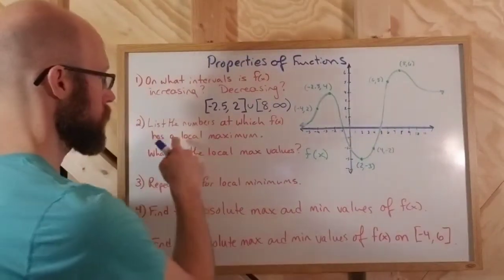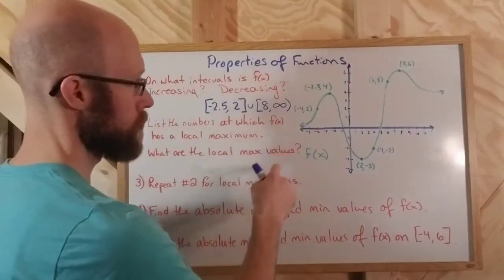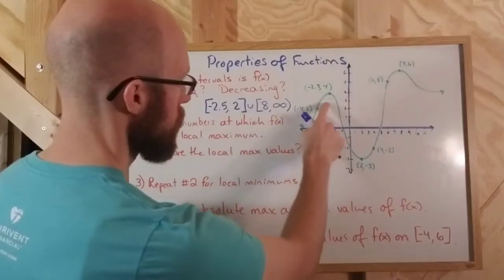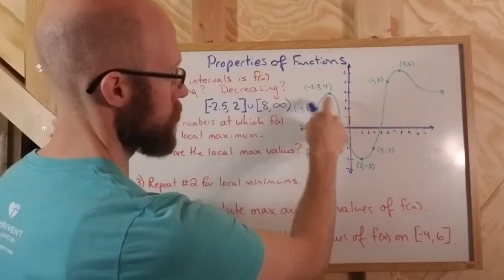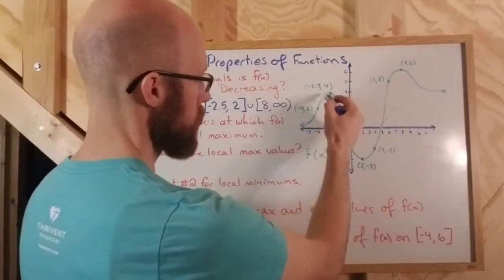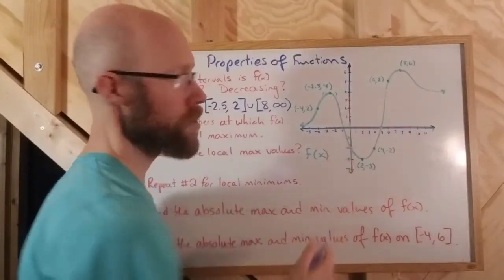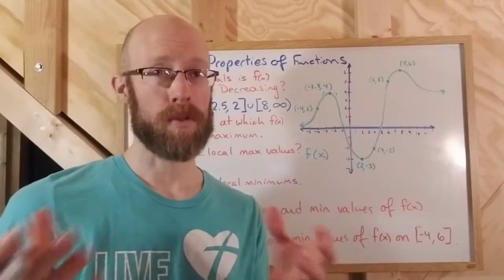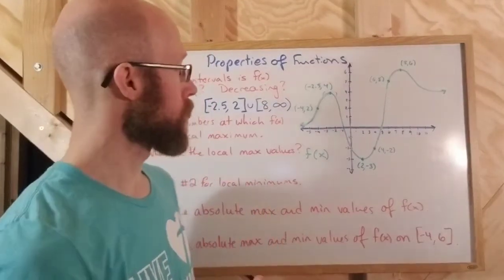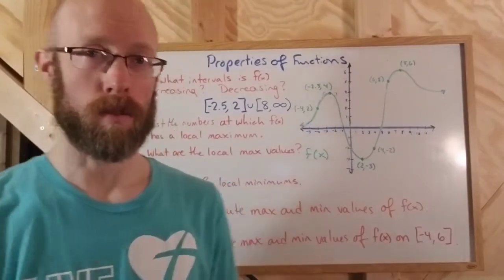Okay, and so here, for the local maximum, there are two such points. This point at negative 2.5 comma 4, there's an interval around it. It doesn't matter how big you draw this interval, as long as you can draw an interval around that point on both sides in which that point is the highest, then it's the local maximum.